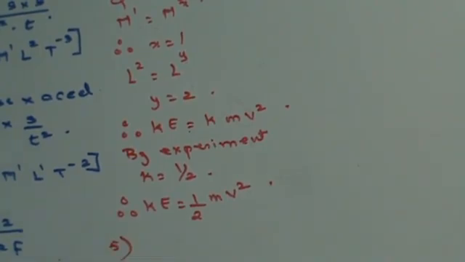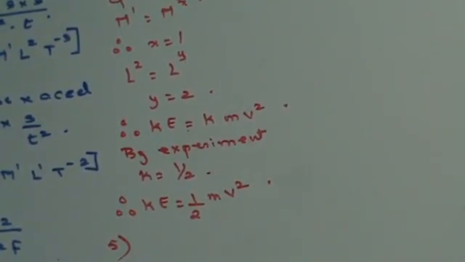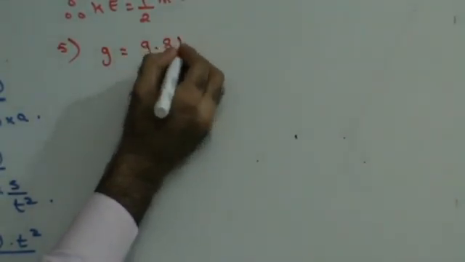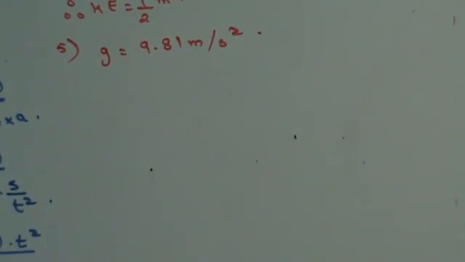State the order of magnitude of g, which is 9.81 meters per second square.